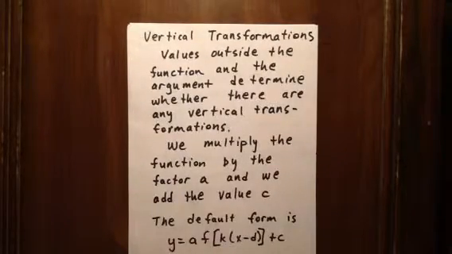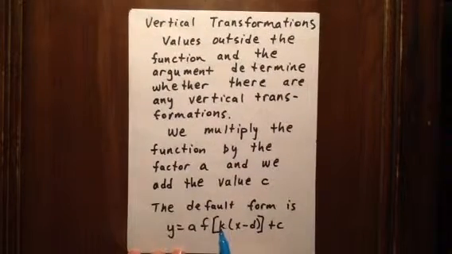Okay. Moving on then to vertical transformations. Well, we've discussed the horizontal. The horizontal occurs by everything given inside the argument. So just to show you where I am here, k bracket x minus d establishes the horizontal transformations. Well, sometimes the function is multiplied by a value of a, and sometimes a value of c is added on at the end as well.